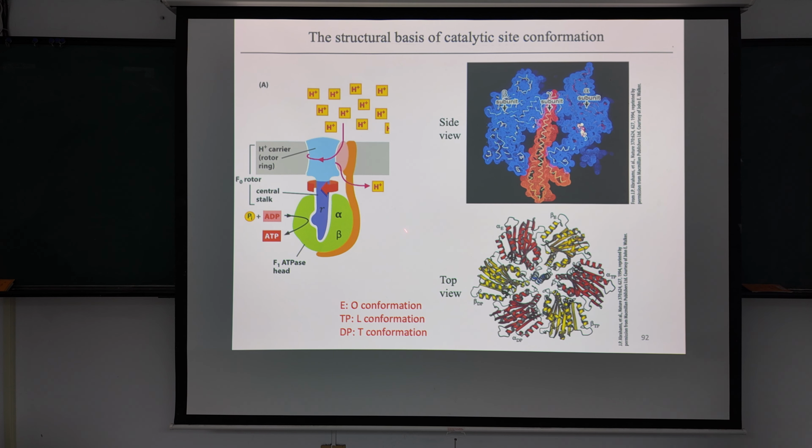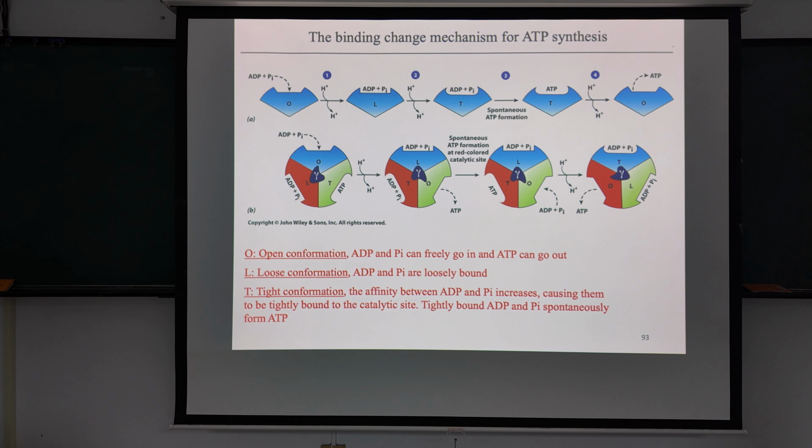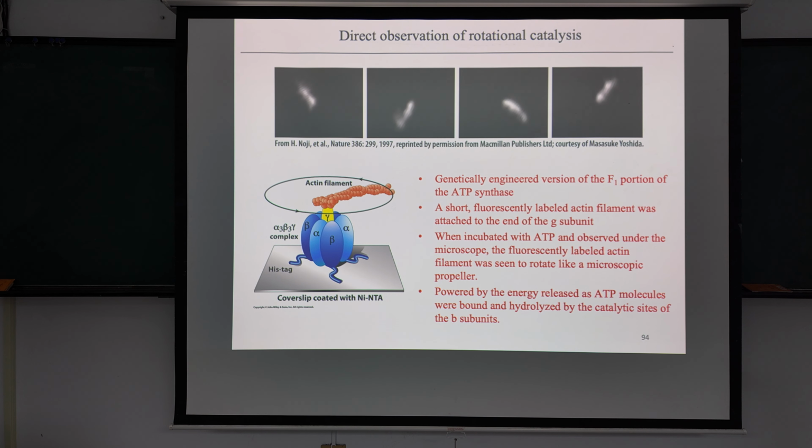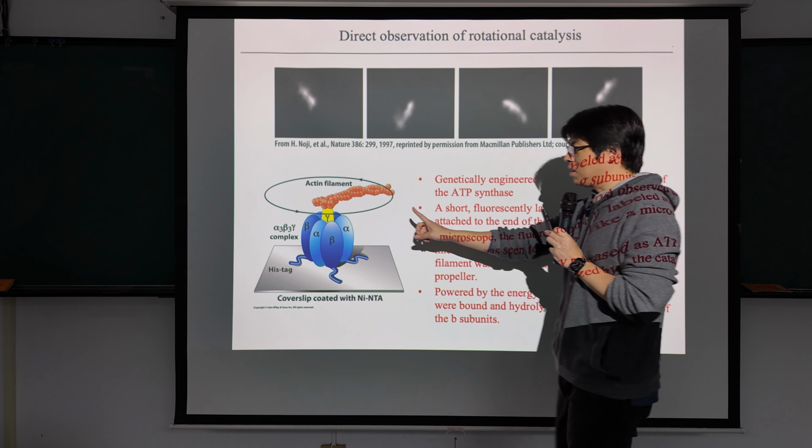So if you add ATP to this subunit, you can rotate this structure. In the early days, this was a hypothesis, right? People wanted to know whether it can really rotate. So many Japanese researchers purified the alpha, beta, and gamma subunits and coated them on a cover glass, and tried adding ATP to see whether they can rotate.